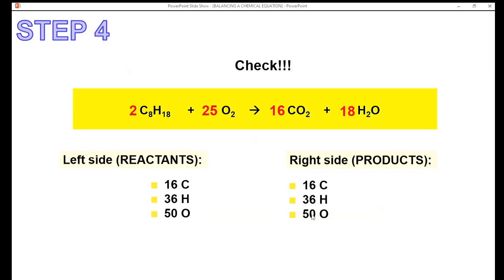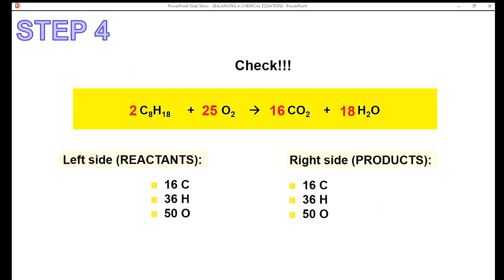So the oxygen atoms are also balanced on the right side and the left side, 50 oxygen atoms. So the equation is balanced. Good. This is what we call step 4: we must check both sides to make sure that both sides are balanced.